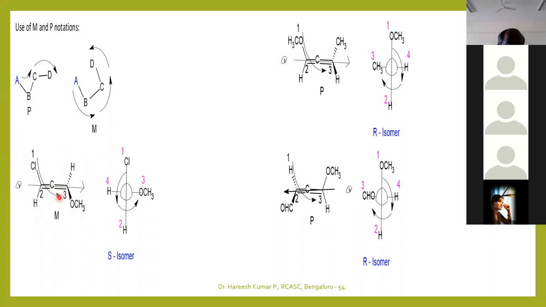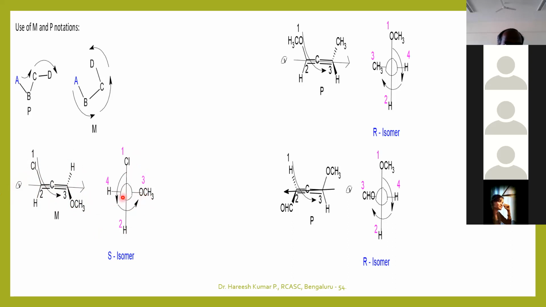Anyway, if you want to assign R and S, you are familiar with converting this into an easy form to assign a configuration, no? So you know that these two groups are vertical groups, Cl and H, and these two groups are horizontal groups. When you are viewing from here, this H is on the left hand side, and OCH3 is on the right hand side.